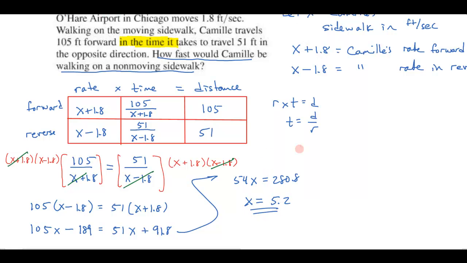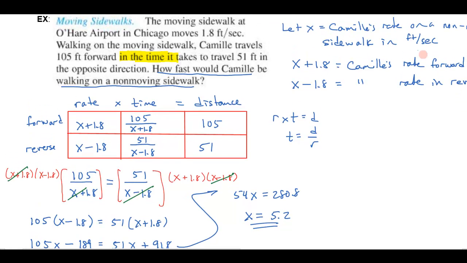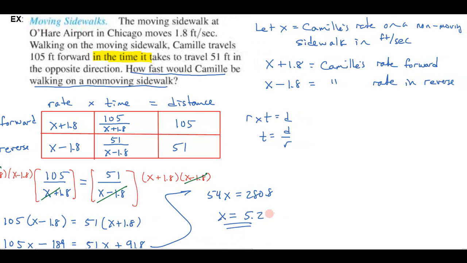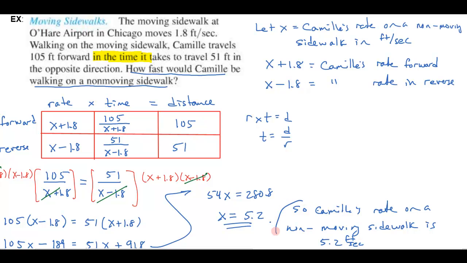Remember we set up that x was Camille's rate on a non-moving sidewalk, so Camille's rate on a non-moving sidewalk is 5.2, and that was in feet per second.